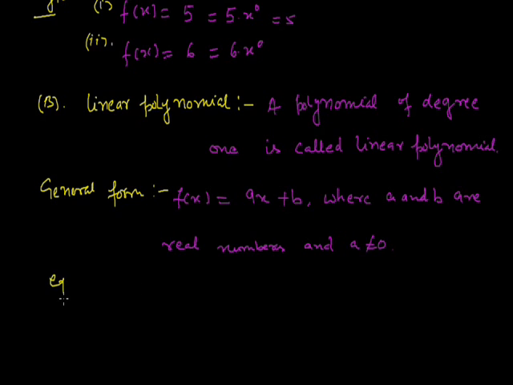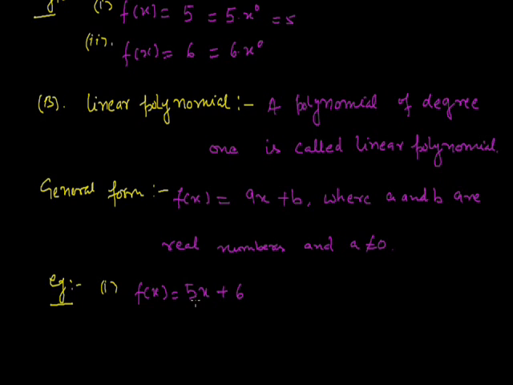Let us take some examples of linear polynomials. Example first, f(x) equal to 5x plus 6. Here we see that in the first term 5x, the power of x is 1.